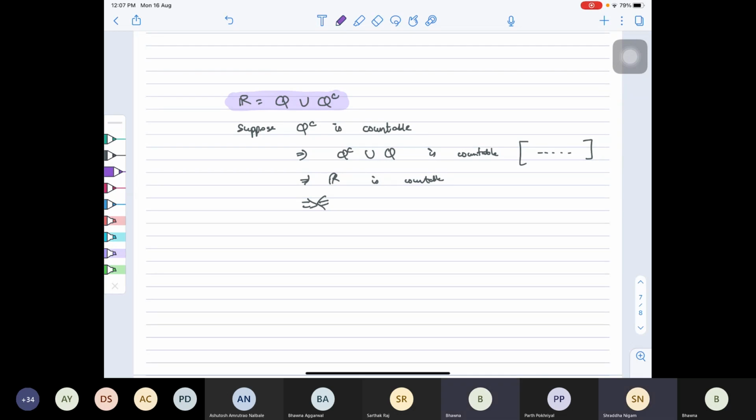And I'm saying rational is countable, so you need to state that fact. That's one problem. If you see, that's a 4-line proof, and if you think there should be more written, you can say that suppose Q complement is countable, right? So we know that Q is countable.